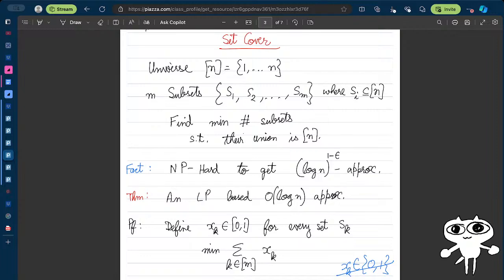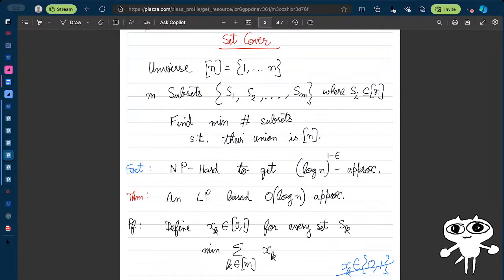So it's NP-hard to get a (1 minus epsilon) log n approximation.